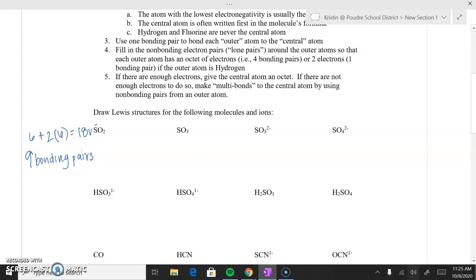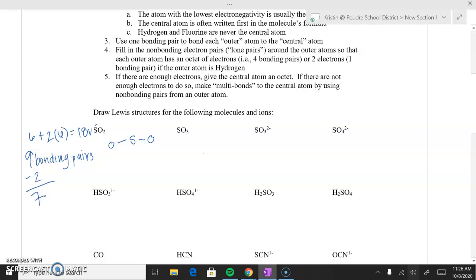Okay, so then I'm going to think about which is in the center. Sulfur has a lower electronegativity and it's written first, so it's definitely our central atom. Now I'm going to use 2 of my bonding pairs to stick my oxygens onto my central atom. So I'll subtract 2 off of there. So I have 7 left.